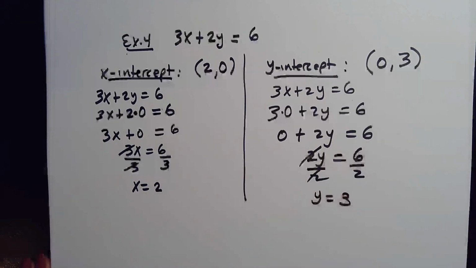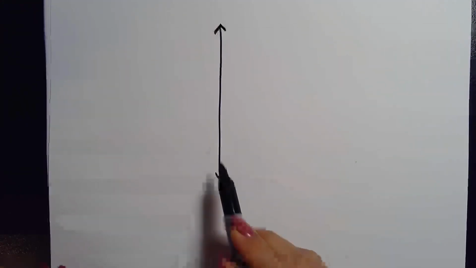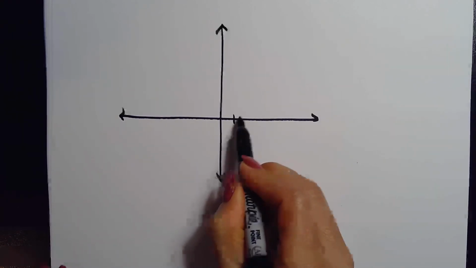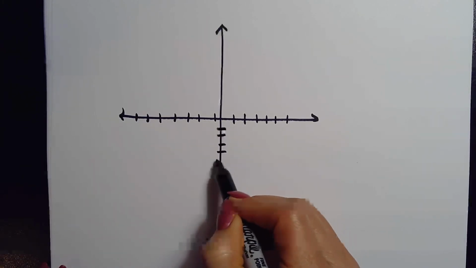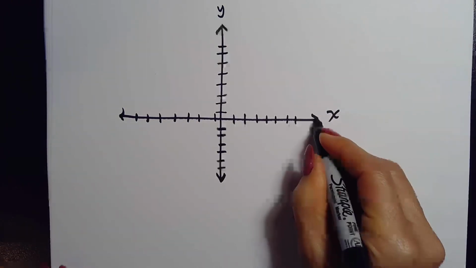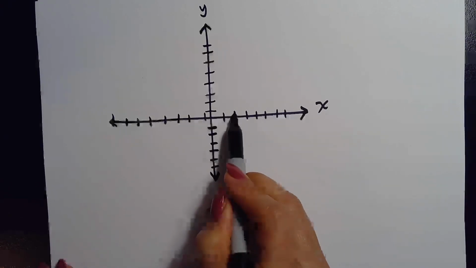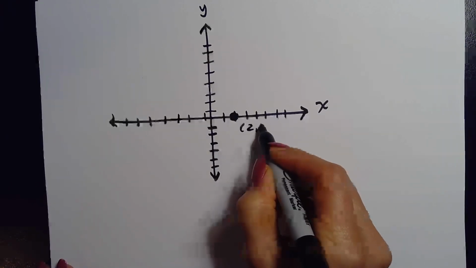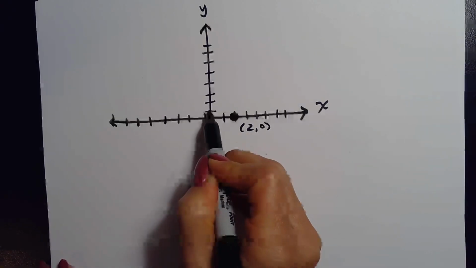So you have 2 points now that you can use to graph the line. So let's do that. The graph is going to look something like this. Okay, the y-axis, the x-axis, and you get the point (2, 0), so 1, 2, and then 0, so it's 2 comma 0, and then 0 comma 3, so 0 and then 3 there.